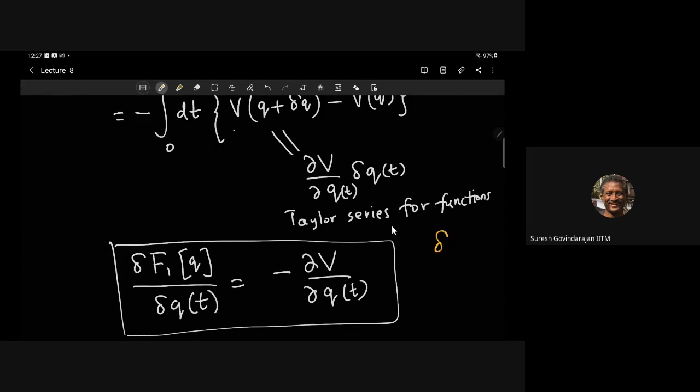One is the functional derivative, and this is the partial derivative. Actually it can be even an ordinary derivative; I could have used d here because it's a function of one variable. So this is what we get. Is this computation clear?